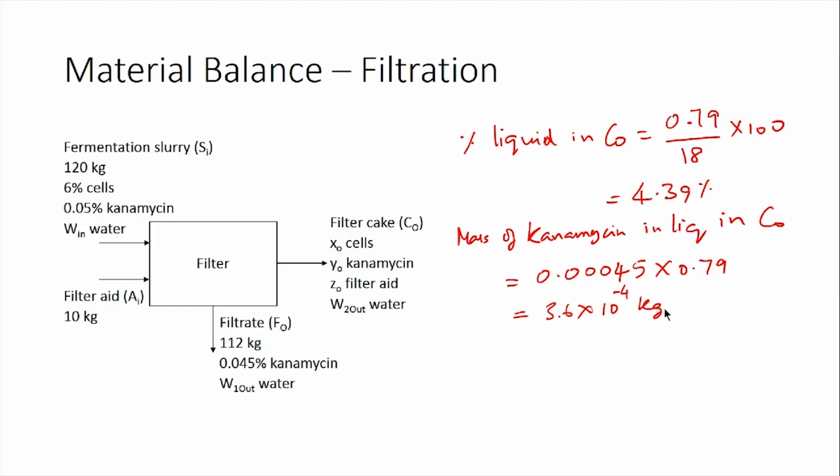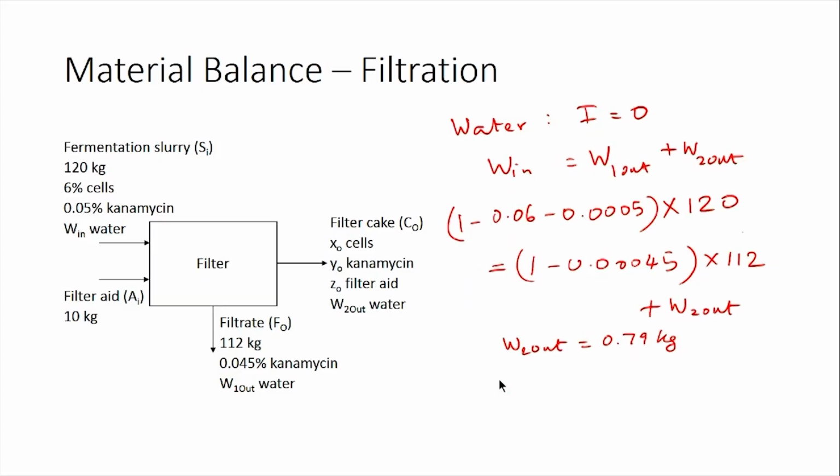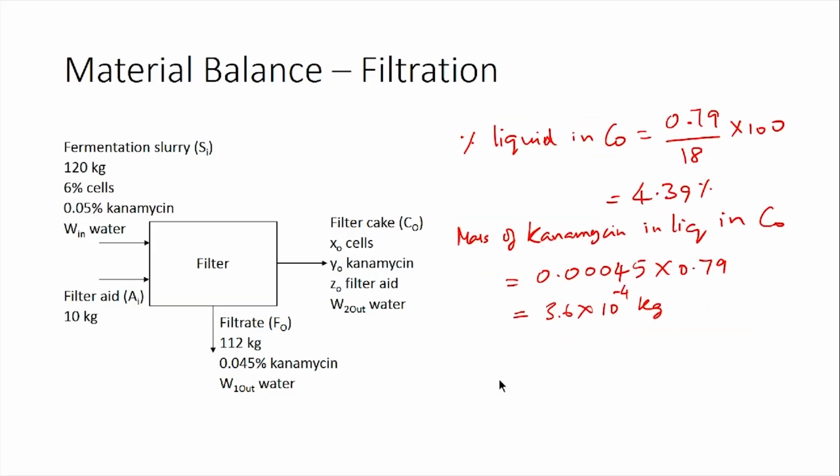Based on the material balances which we had performed earlier, we know that 0.01 kilograms of kanamycin is actually present in the filter cake. Out of this, 3.6 times 10 power minus 4 kilograms is leaving in the liquid, which means the rest is actually being absorbed by the filter aid.